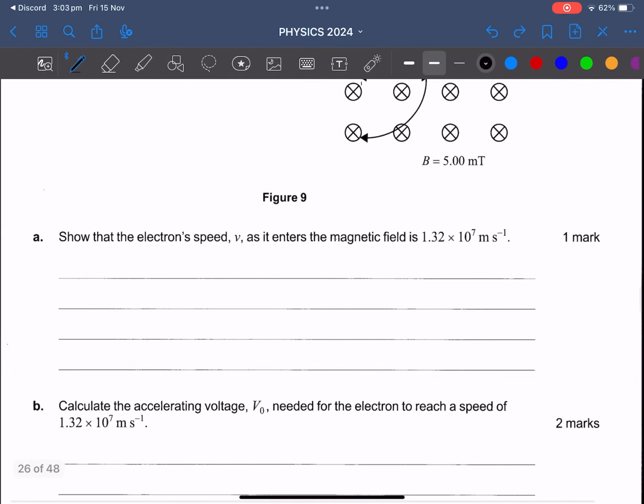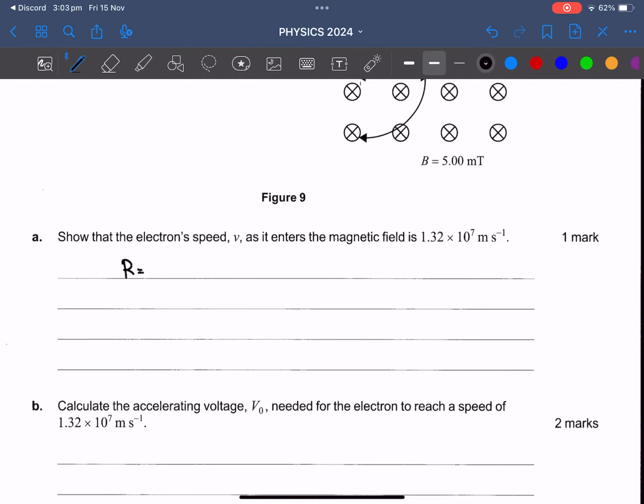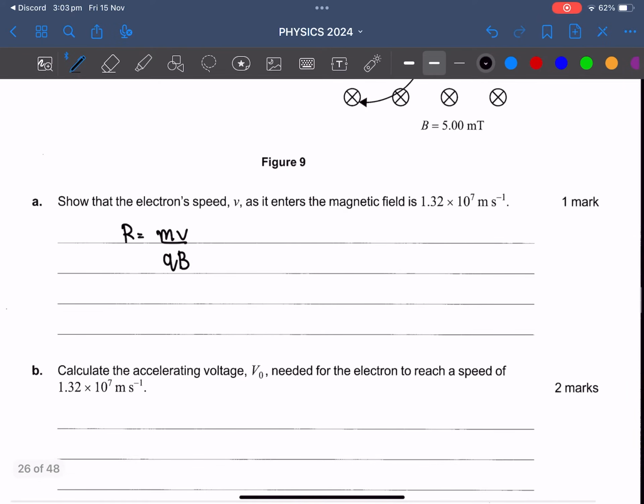So we know that the radius is mv on qB, and we are finding the velocity, so v is equal to rqB on m.